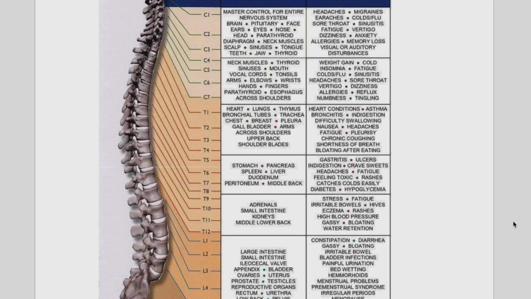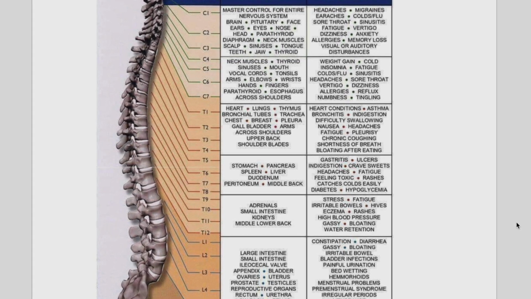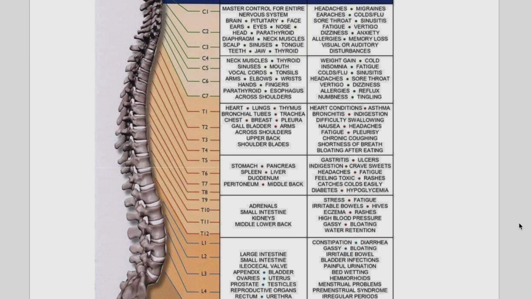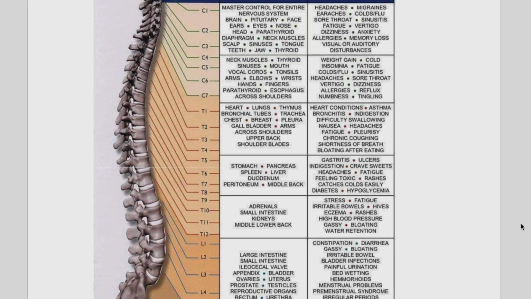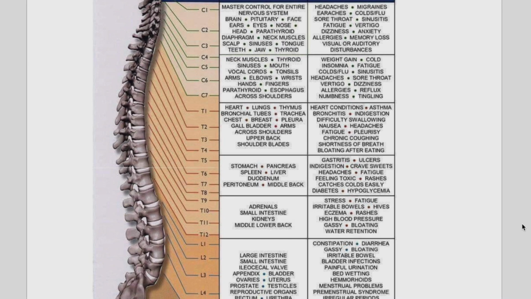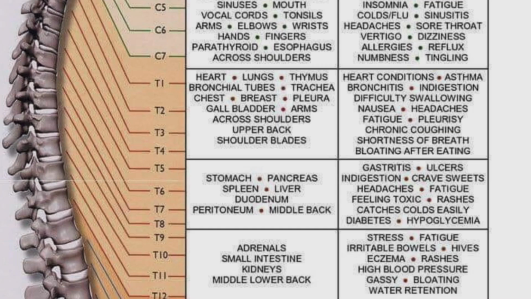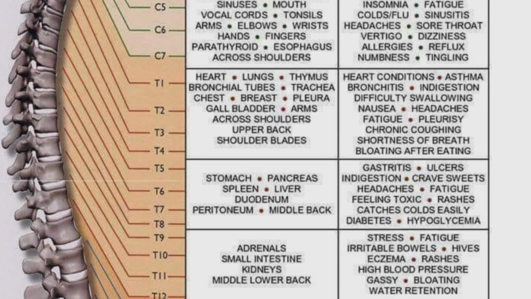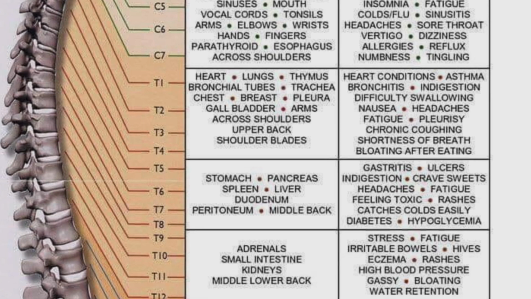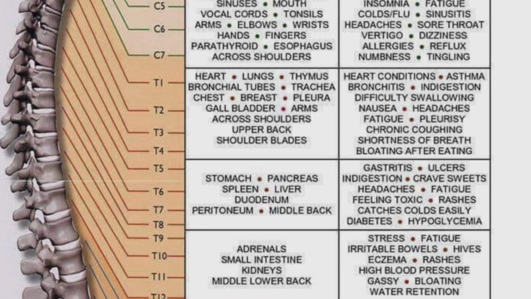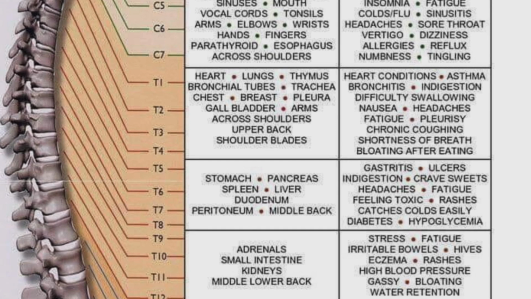So if you look at the area or organ, and I don't want to read all of these off, you can pause this screen and check it out. But if we're going to thoracic 1, for example, the area or organ it affects: heart, lungs, thymus, bronchial tubes, trachea, chest, breast, pleura, gallbladder, arms across shoulders, upper back, and shoulder blades.